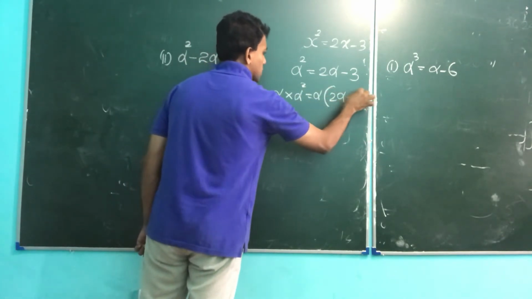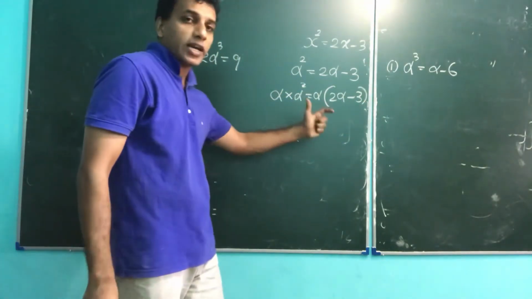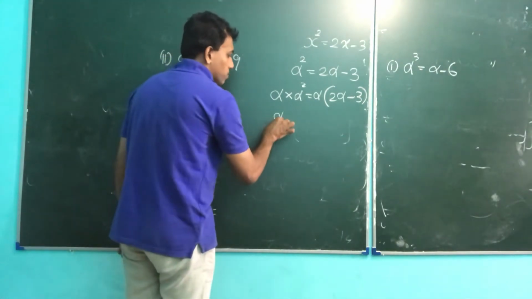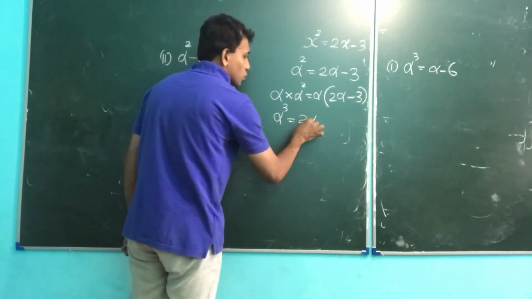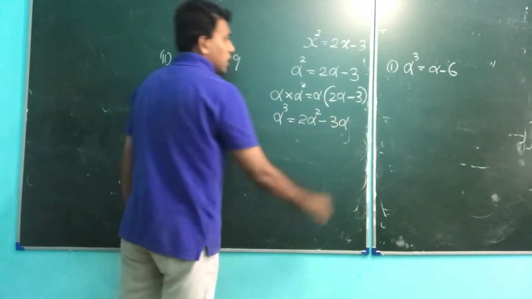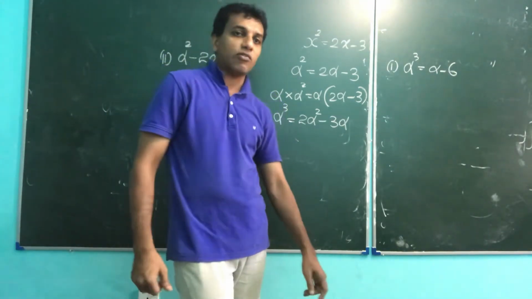In an equation, if you do that, you must do it on both sides. Multiply both sides by alpha, right? Therefore, alpha cube equals 2 alpha square minus 3 alpha, right?